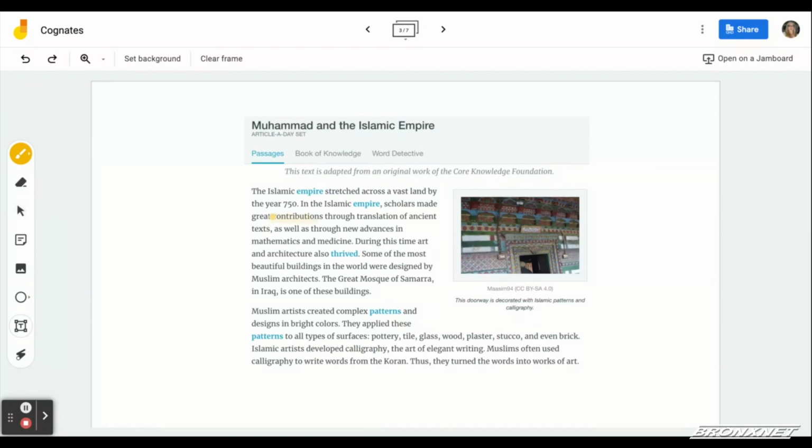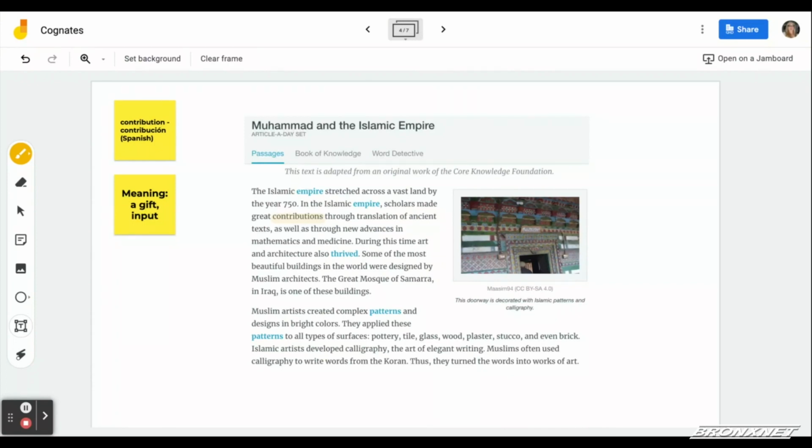I noticed one tricky word here. It's contributions. But I know a cognate in Spanish that sounds like contribution. The meaning of the word is a gift or input. So I'm going to go back to the beginning of the sentence and read it again and see if this meaning of the word input or gift has sense in the sentence.